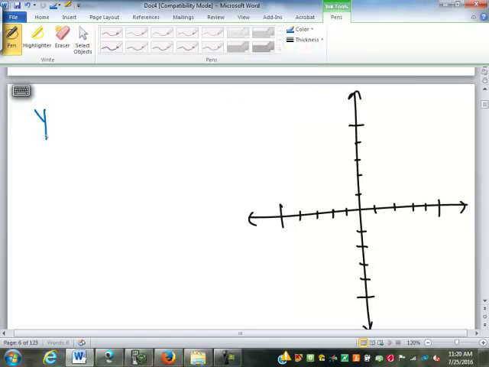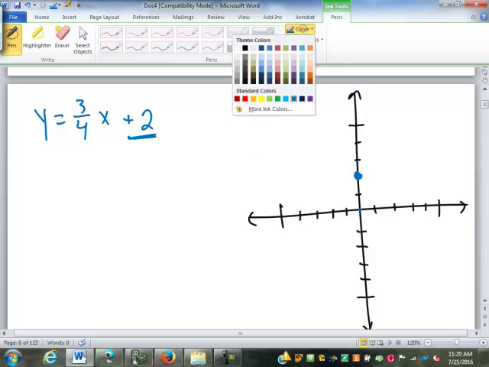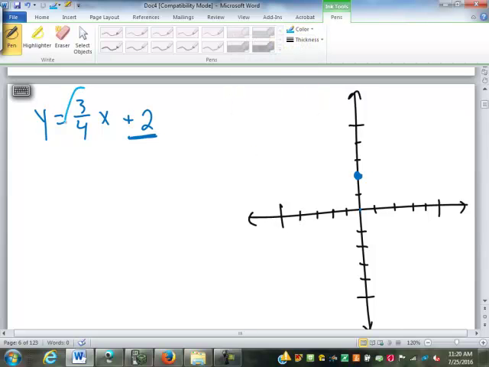So if I give you y equals 3/4 x plus 2, where does this graph start? From the origin, where do we go? Up 2, right there. So that's where this graph's going to start. We got that from the +2. What's our slope? That's the number that multiplies the x. That's 3/4.